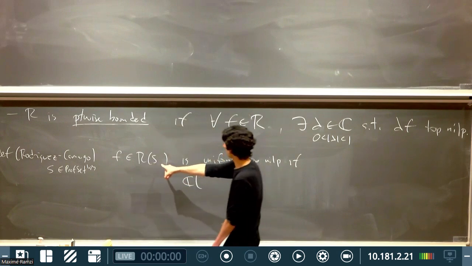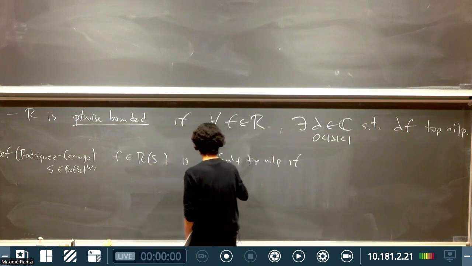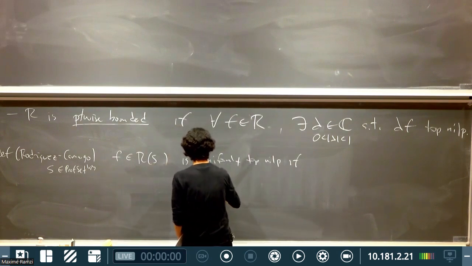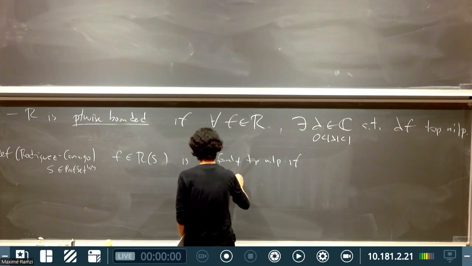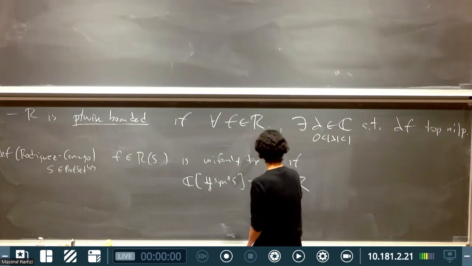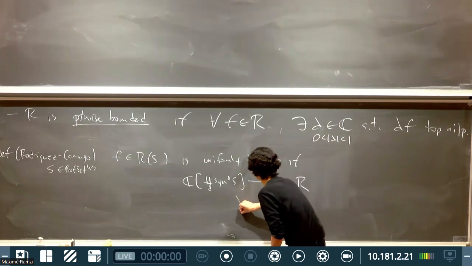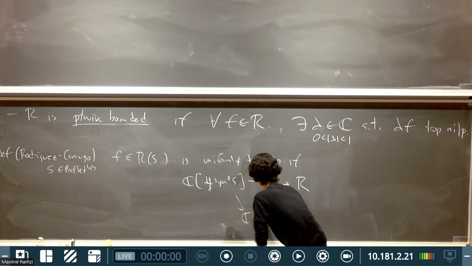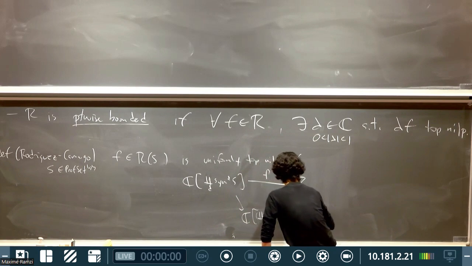So you can get a map from the free algebra on S, which is the disjoint union over d of Sym^d S, mapping to R. So this encodes F, and this should factor through a null sequence: the disjoint union of Sym^d S, union infinity, mod infinity.